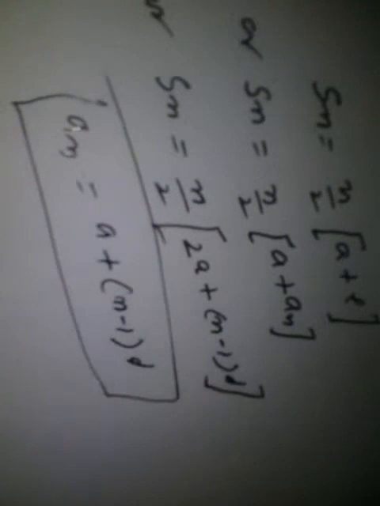So now we can use the formula. This one we can call Sn is equal to n by 2 (first term plus, I'll say a plus an for clarification, so there should not be any confusion). So that's why I explained it in detail.